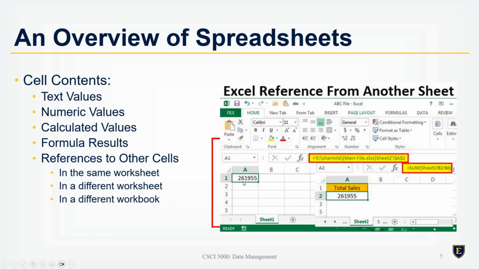Now sheet 1 in ABC file is referencing this particular file, main file, but it's referencing sheet 2 in that main file, and it's cell A2. So here. So we see that the values match because this is a direct reference to this cell right here.